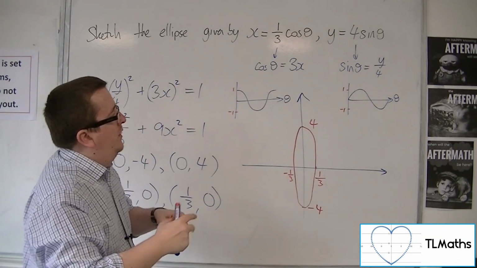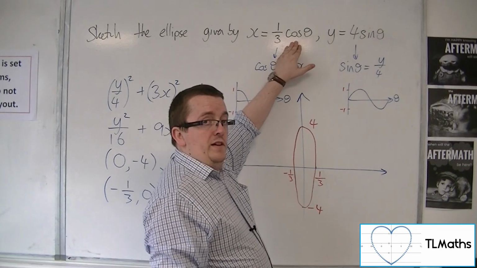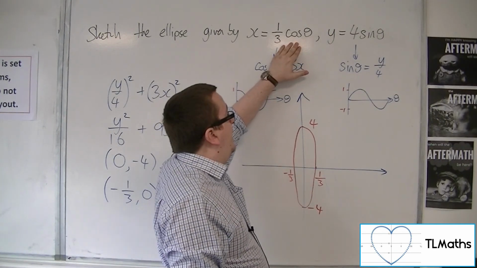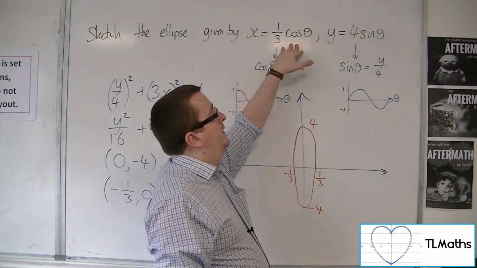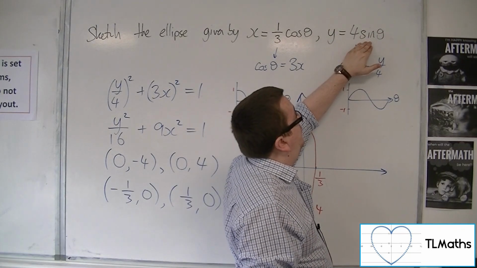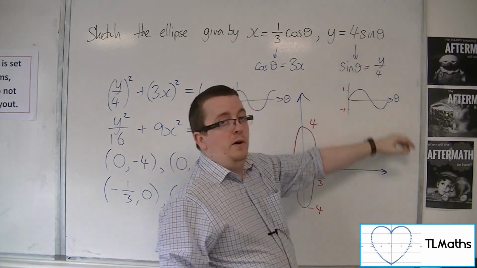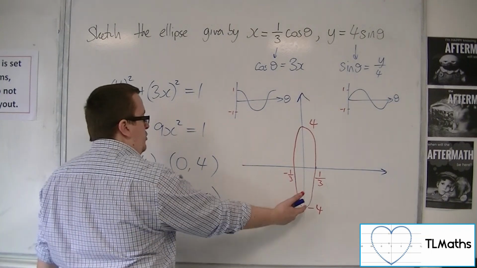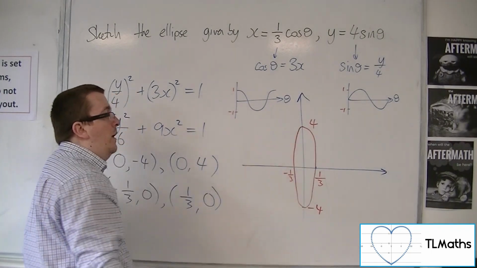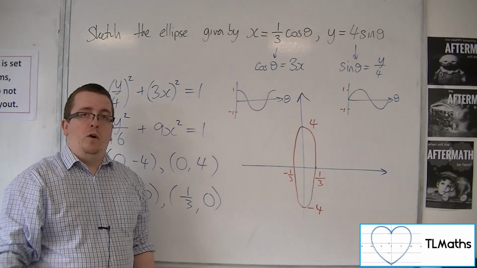So the largest value of this is 1/3, and the smallest value is -1/3. The largest value of this would be 4, and the smallest value is -4. And so that tells you instinctively where it must cross the x and y axes.